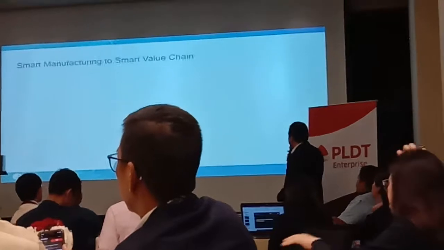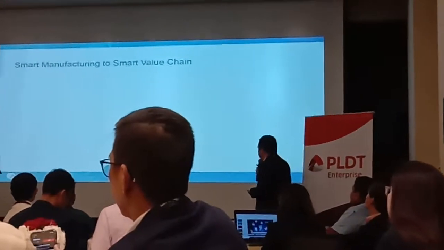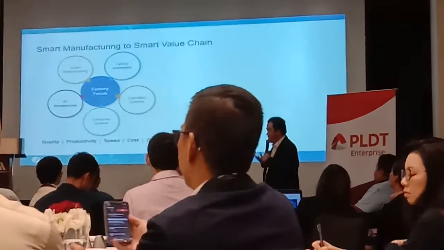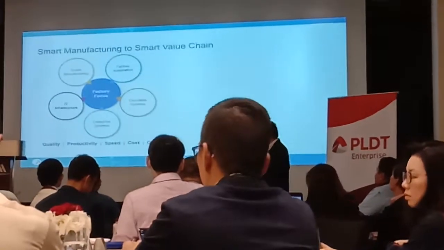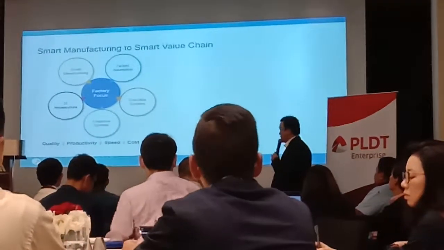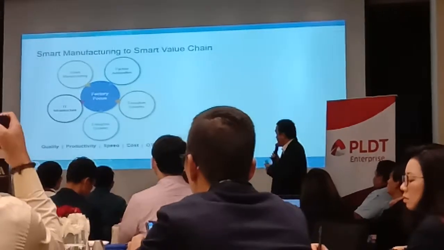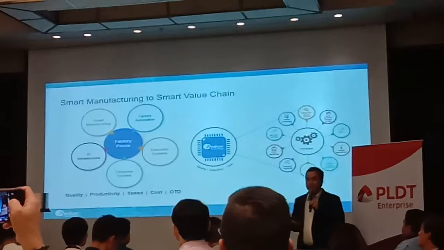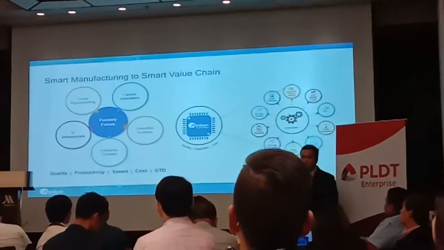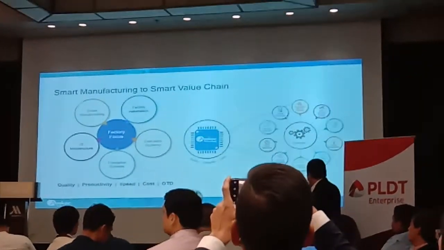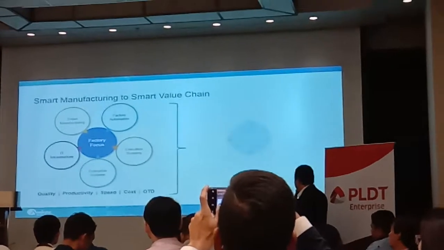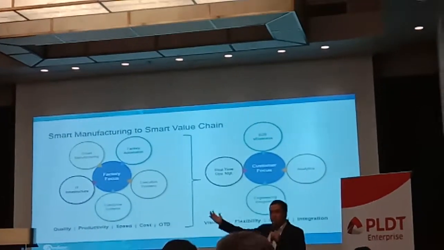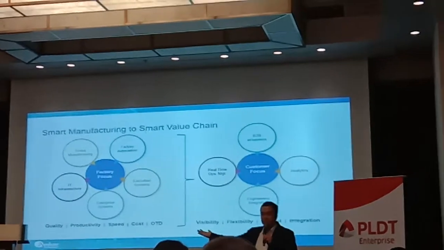Okay, moving forward. Now we talk about the focus in the factory. It's all about quality, productivity, speed, cost, delivery. And with that, we were able to build our smart manufacturing blocks for Amcor. Now we extend this beyond the factory-centric and move on to customer-centric.